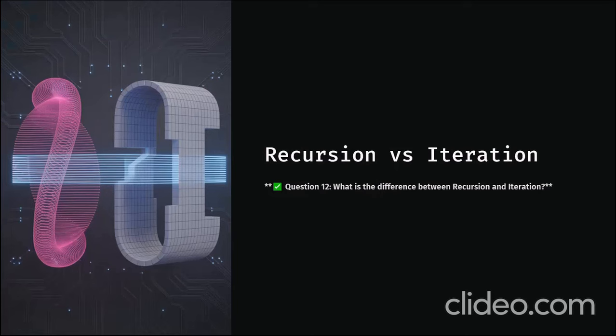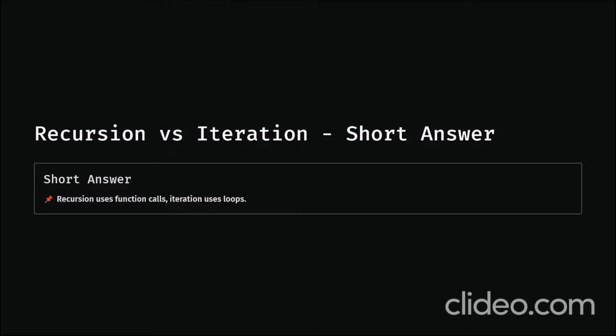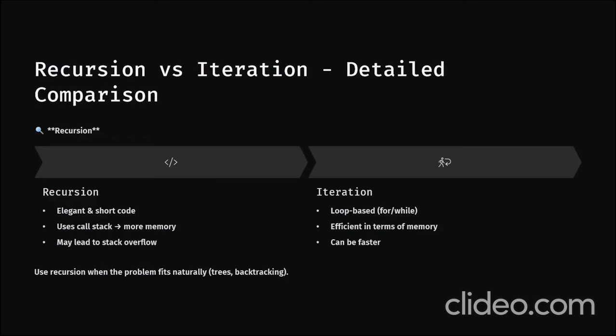Let's move to the next question. What is the difference between recursion and iteration? Recursion uses function calls, iteration uses loops. Recursion is mainly used for elegant and short code.